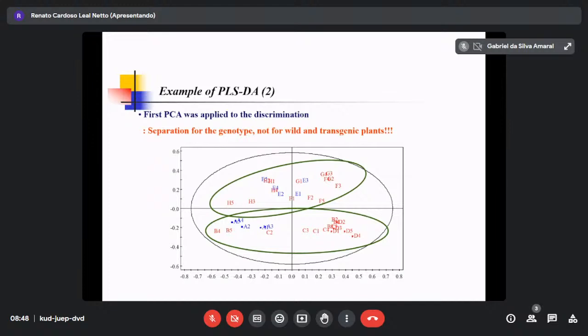Is my metabolomics data reflecting or influenced by transgenic or non-transgenic? You have to do this validation test. So when you do PCA, no one asks you, did you do a validation test? But if you do PLS modeling or another version, they will ask you, did you do a validation test?